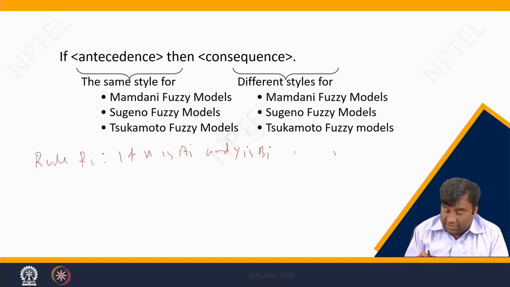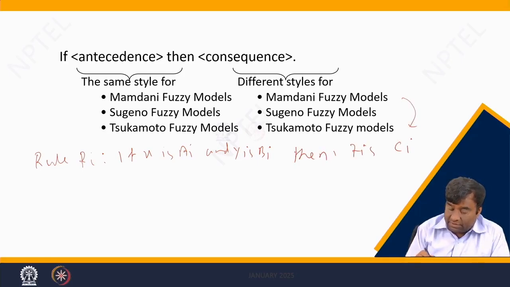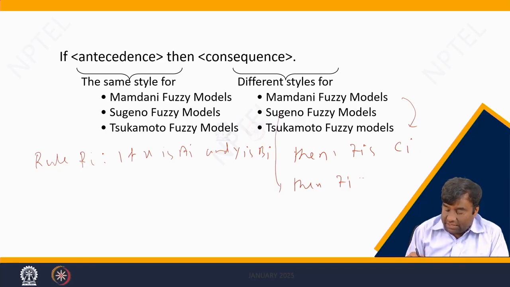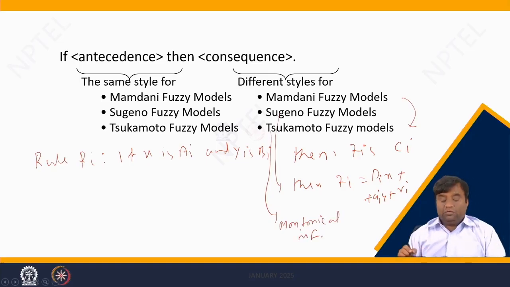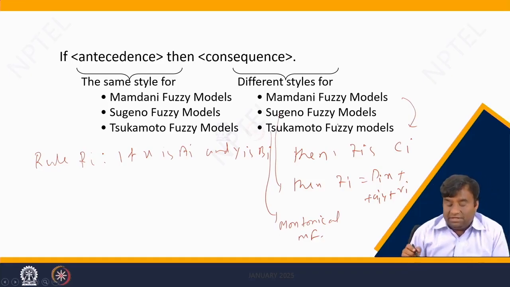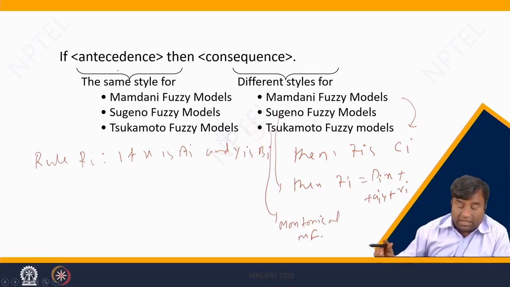In Mamdani it is said, then z is Ci, where Ci is a fuzzy set. In Sugeno, then zi is pi x plus qi y plus ri. In Tsukamoto, it is a monotonic membership function. So the consequent style is different, whereas the antecedent part is the same.